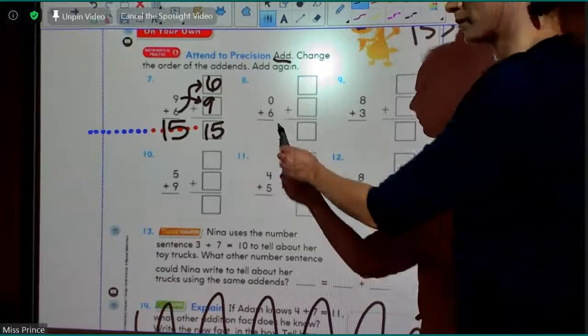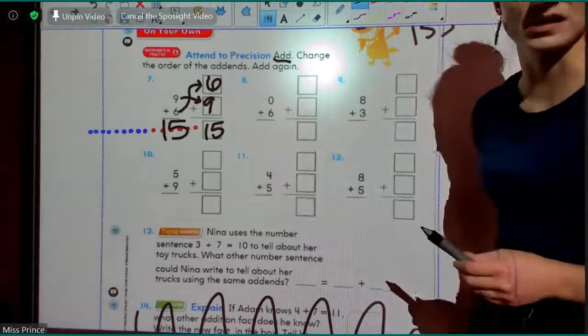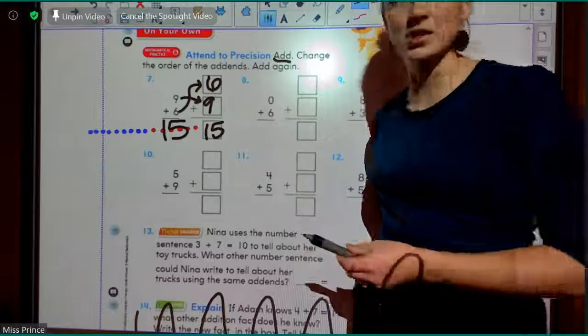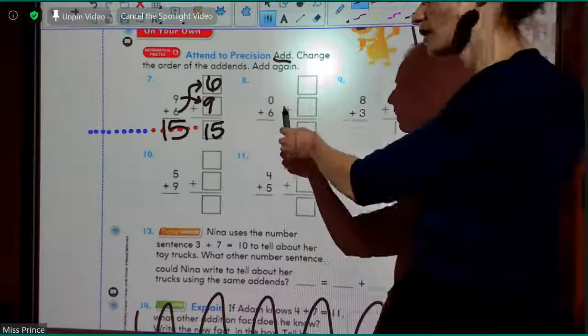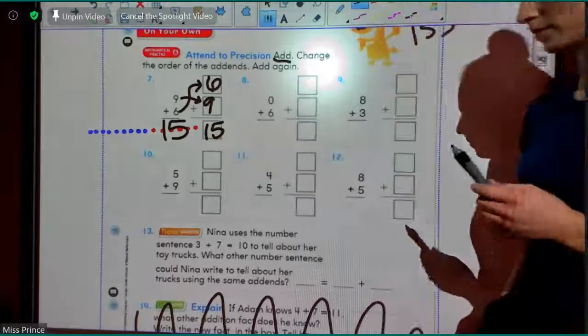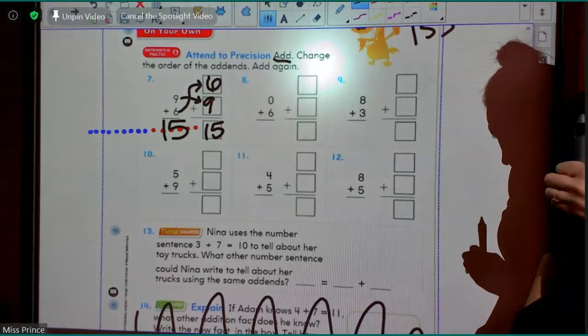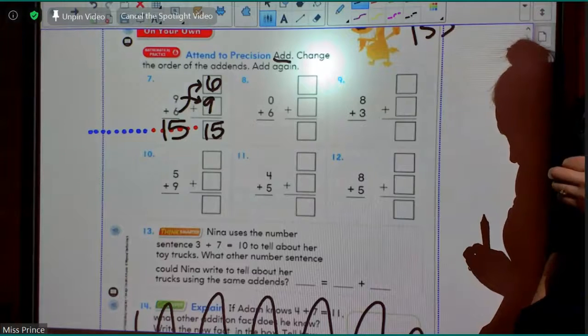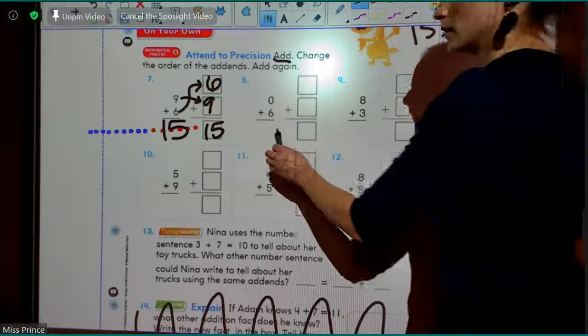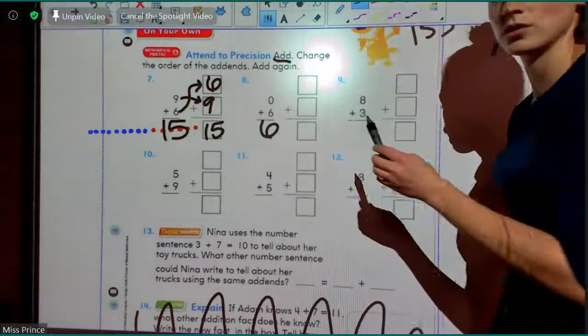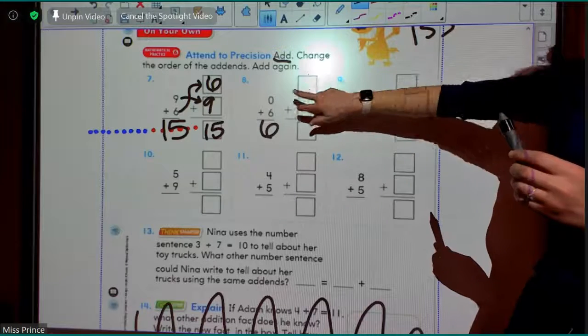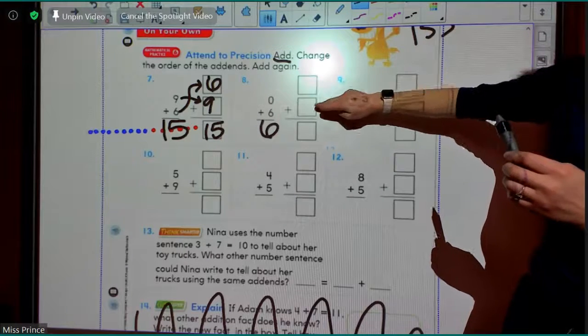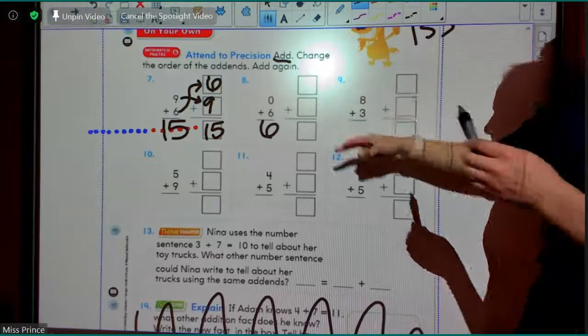Liam. This one we know in a snap, because we know that when we add 0 to anything, it doesn't change the answer. Liam, how many are we going to have? 6. Okay. This is going to be a really easy flip-flop. I want you to read exactly the numbers I'm going to put here, okay?